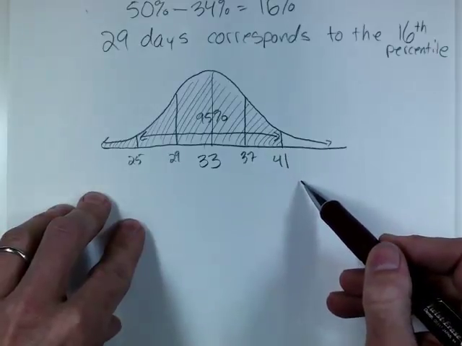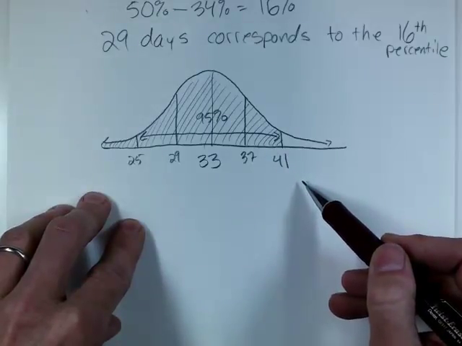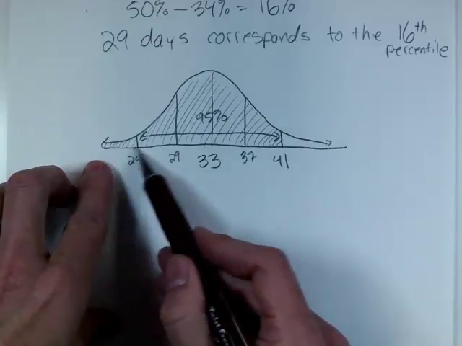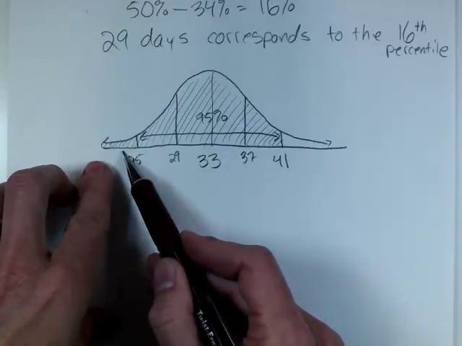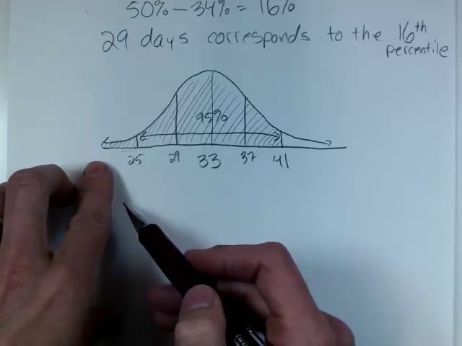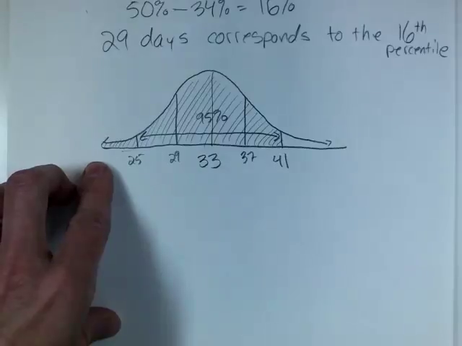Now I know 41 is not the 95th percentile, because I have this little smidge down here that I have to include in this. This is like a running total.